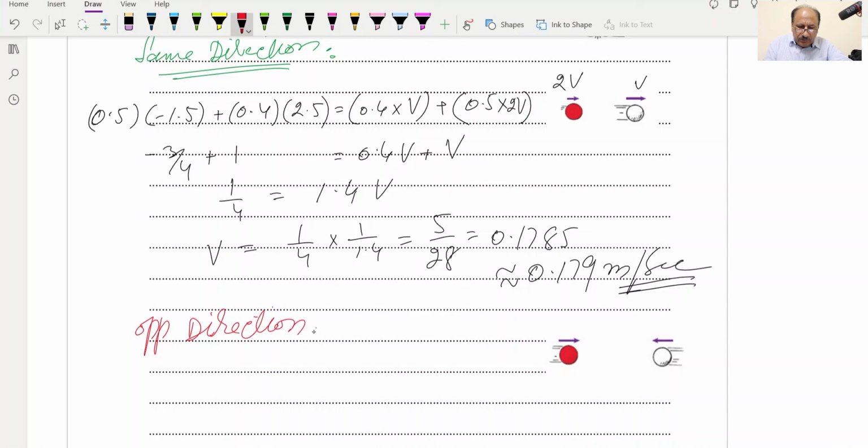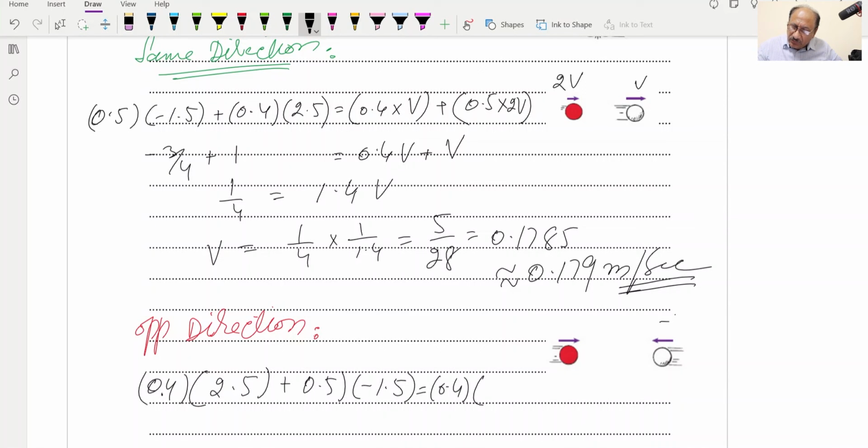So in that case, momentum equation will be what? This will be 0.4 multiplied by 2.5 plus 0.5 multiplied by minus 1.5, and this will be equal to 0.4 into minus v.